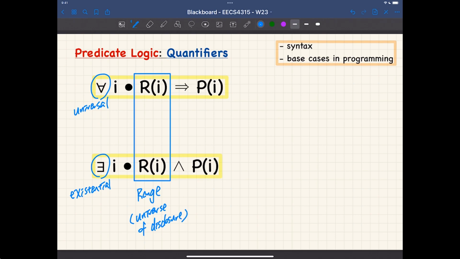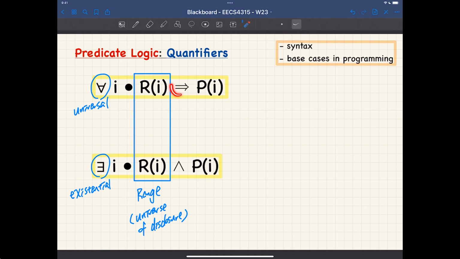Whenever you say it's a range, or maybe potentially a set or collection of values, you always want to think to yourself, what if the collection is empty? What should we do? Right? So in the case of universal quantification, if this range can be shown to be empty or just false, what's going to happen? And also in the case of existential quantification, if the range can be shown to be false or empty, in that case, what should be the result? Right? We'll get there.